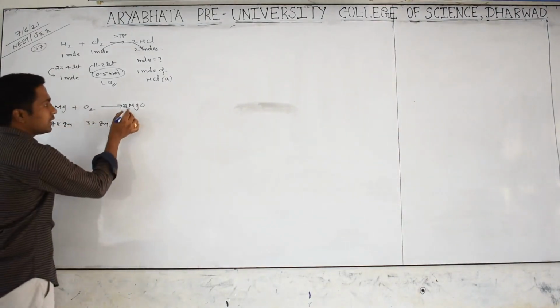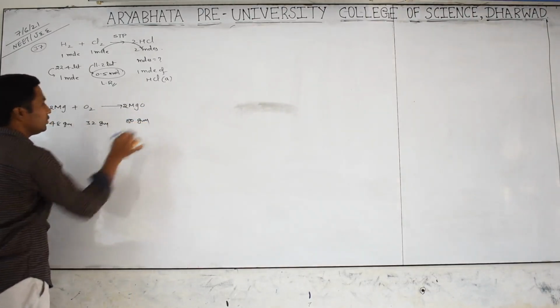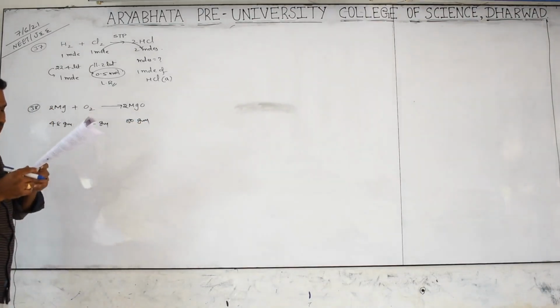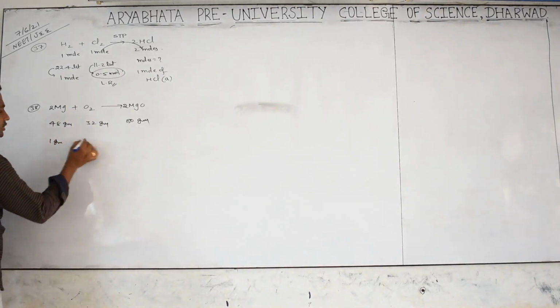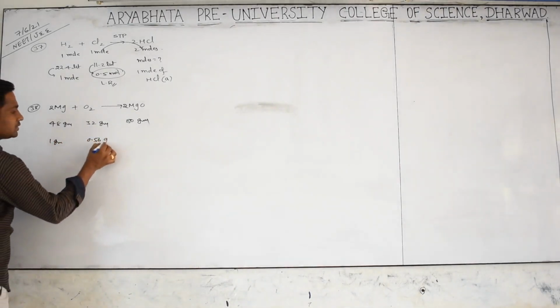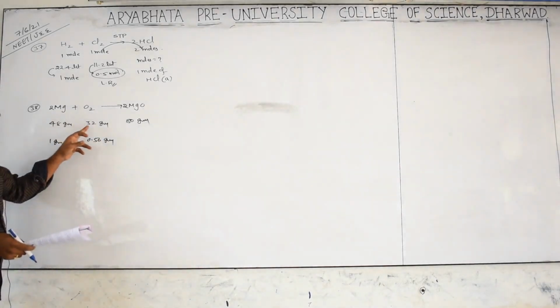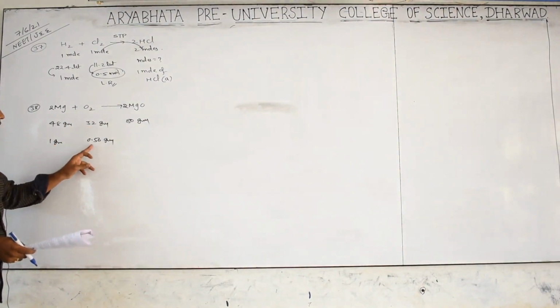And we are getting some quantity, I think 80 grams of this one. It's not a matter actually. Now he has given 1 gram burning with 0.56 grams of oxygen. Actually 48 and 32, and for 1 gram there is a shortage.